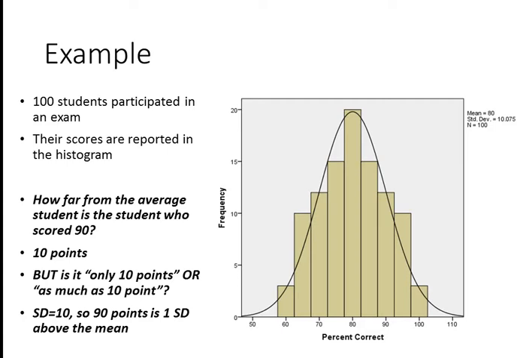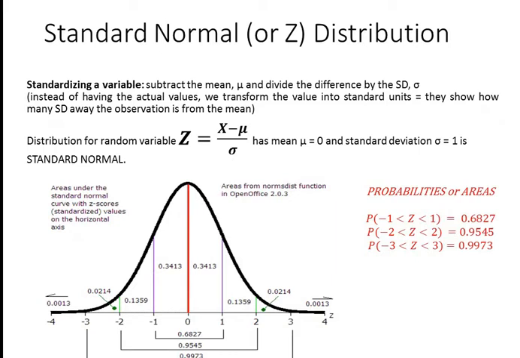And if we recalculate the distances from the mean in standard deviations for all values, or for all students, what we will do is standardization of our values, and that's how we will arrive at a standard normal distribution.